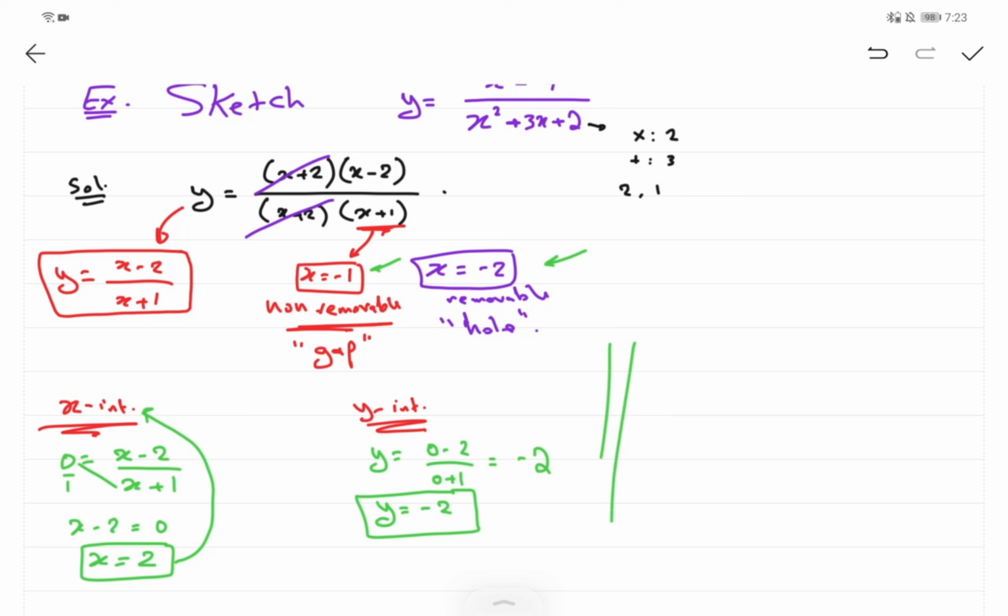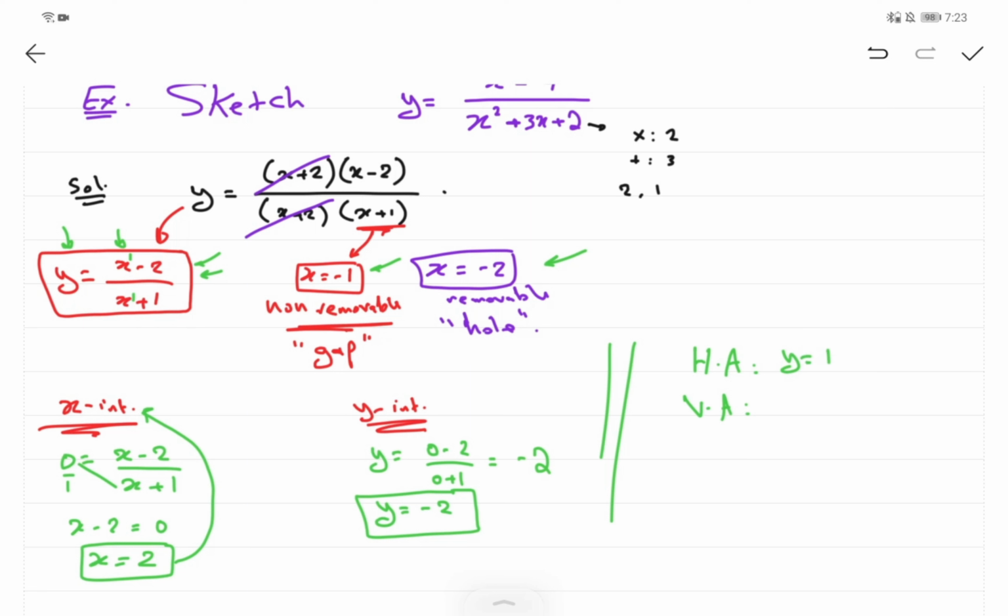Now let's find the horizontal asymptote and the vertical asymptote. The horizontal asymptote: look at the degree of this function, y equals x minus 2 over x plus 1. Again, the degree is the same, so we take the coefficients, so it's going to be y equals 1 over 1, which is 1.